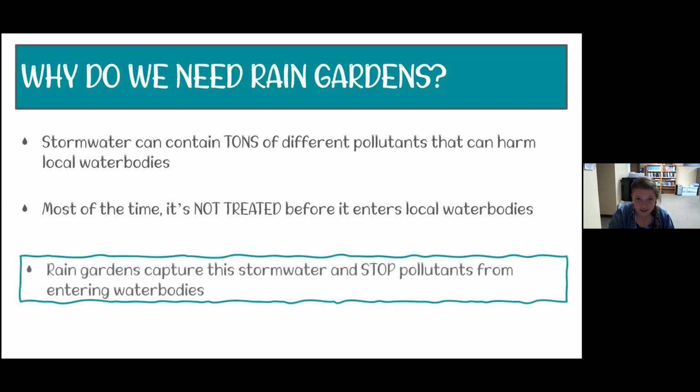And rain gardens, those bowl-shaped features, collect some of this stormwater and stop these pollutants from moving through the system and entering into our water bodies. So that's one of the main functions of rain gardens, is really to collect this stormwater and stop it from moving into our water bodies and causing more pollution.